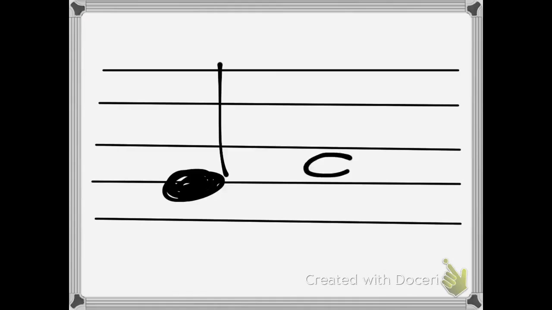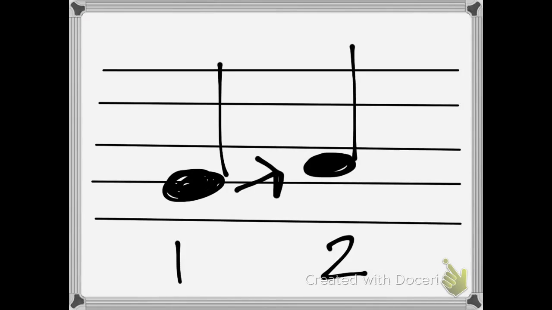Let's keep the same note. What about going from here to here? Do we get lower or higher when we went to note number 2? If you said it got higher, you're correct. Now these are really close together. You can see that it just went up a little bit to get to that next spot.